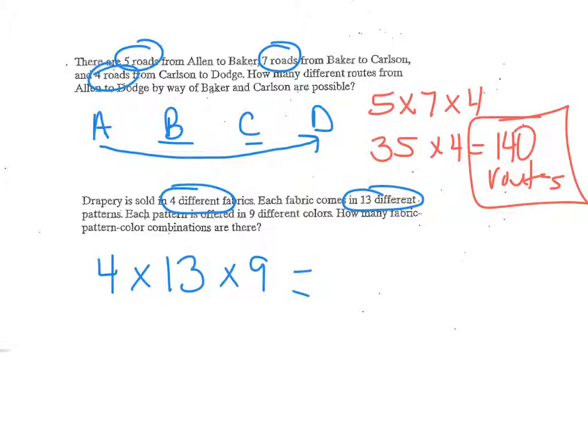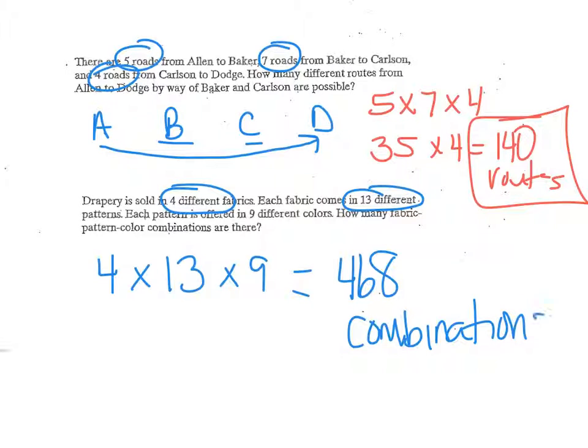So we're going to multiply those all together: 4 times 13 times 9, and we get 468. So there are 468 combinations that we could make with these different options.